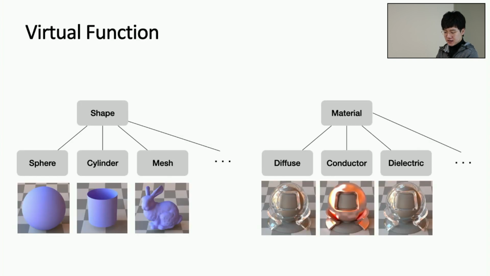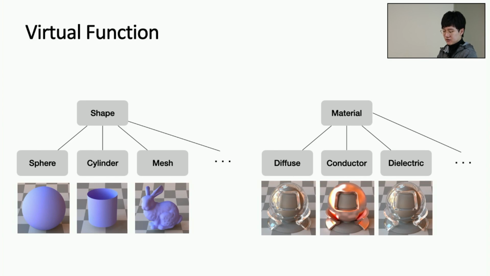In the final section, I'd like to list some nice-to-have features of Enzyme which we can benefit from when developing our system. Rendering systems heavily rely on virtual functions, and there can be many objects with different shapes present in the scene, like spheres, cylinders, meshes, etc. Each object can also have different materials, like diffuse materials, conductors, dielectrics, etc. Virtual functions are implemented using virtual tables in C++, which are initialized in the object's constructor during runtime.